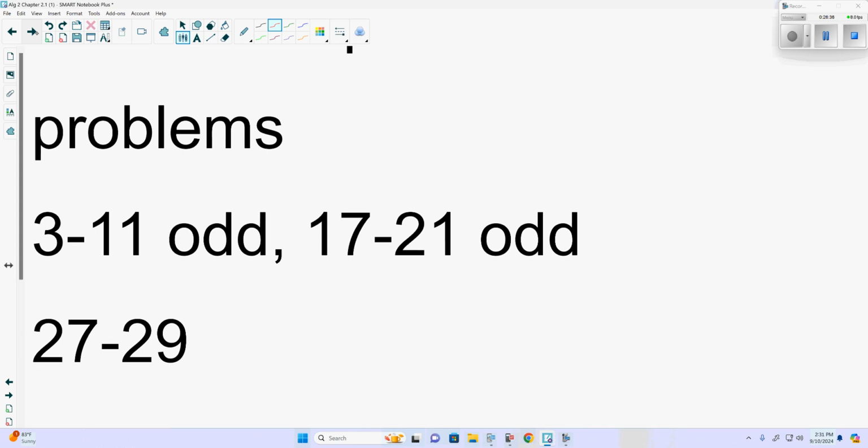If odd or even follows the numbers, it's odd or even. 17 through 21 odd, you're doing the odd ones of those. 27 through 29, you're doing all of them. But you have the rest of the time to work.